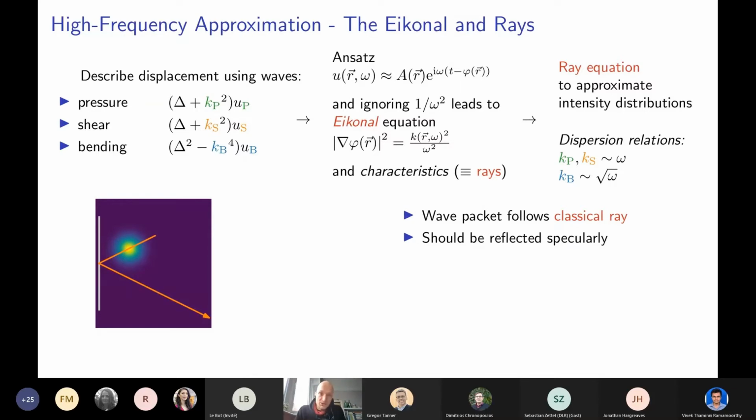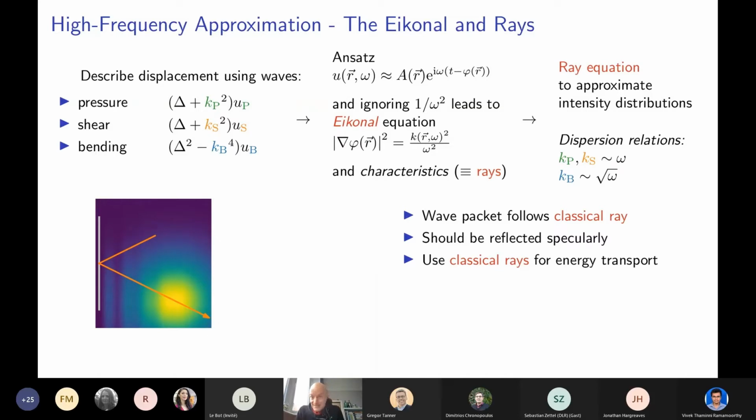So let's continue our numerical toy simulation here, and we see interference fringes the closer we get to the wall, and then indeed, as soon as we continue, this wave packet, if you wish, follows this straight ray again. So this small, tiny numerical experiment hopefully convinces you that this is a valid approximation, at least as long as the external driving frequency is very high.